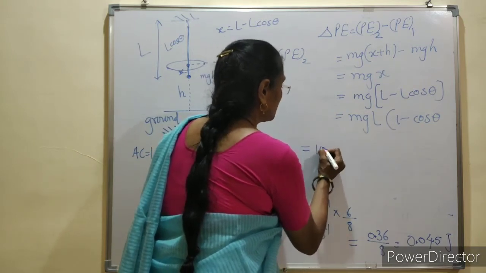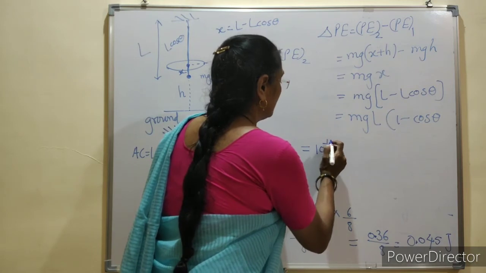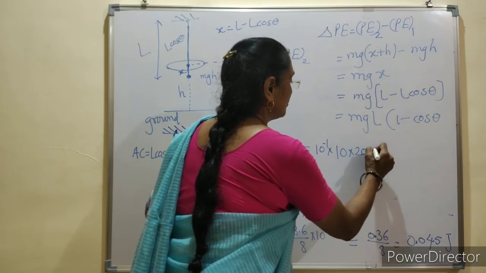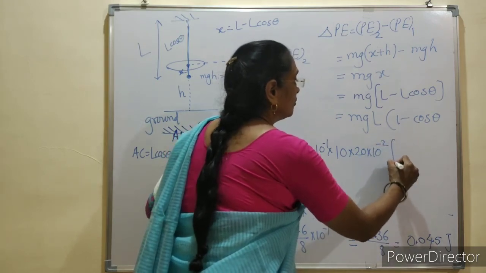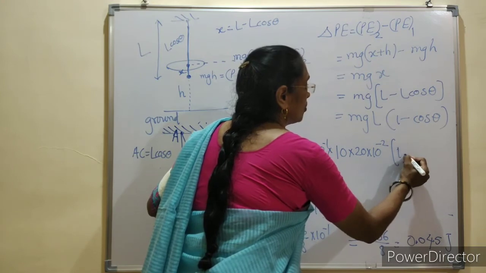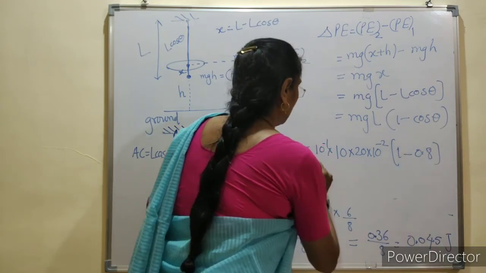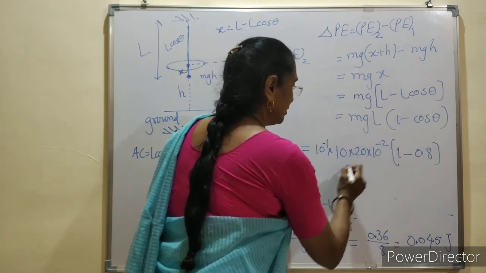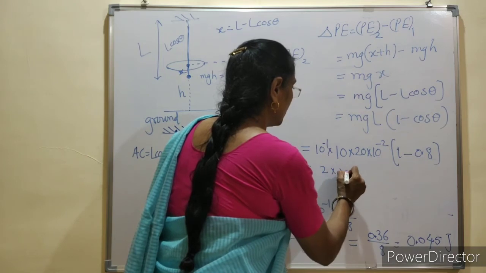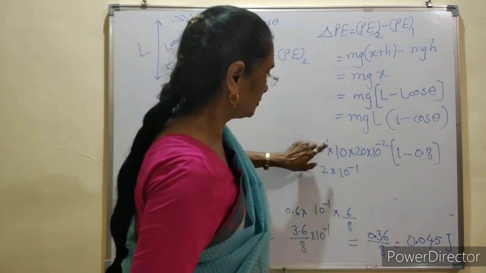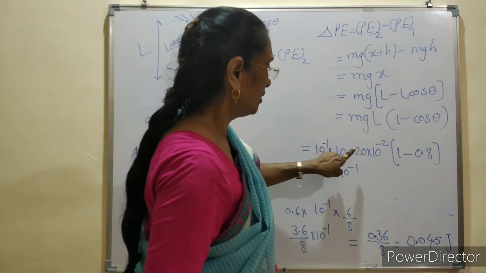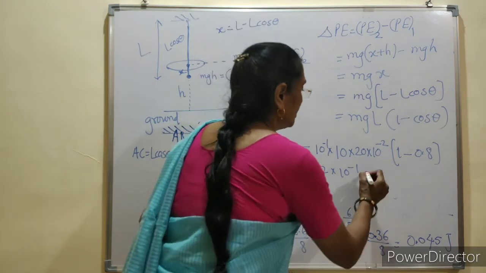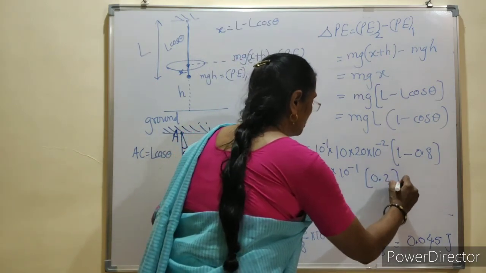The m is 10 raised to minus 1 kilogram, g is 10, L is given as 20 centimeter, meaning 20 into 10 raised to minus 2, and 1 minus cos theta is 0.8, which inside the bracket becomes 0.2. Simplifying the powers of 10, it becomes 10 raised to minus 1, and inside the bracket it is 0.2.